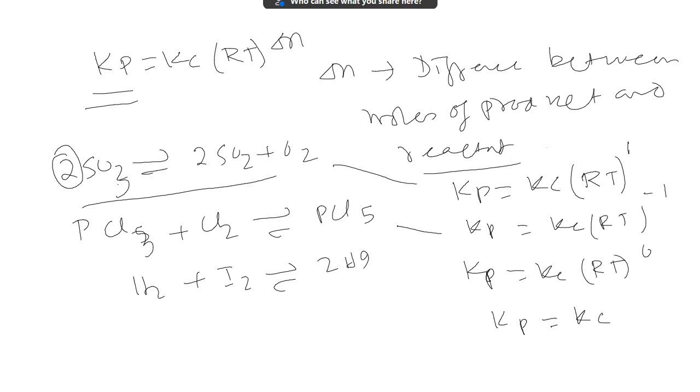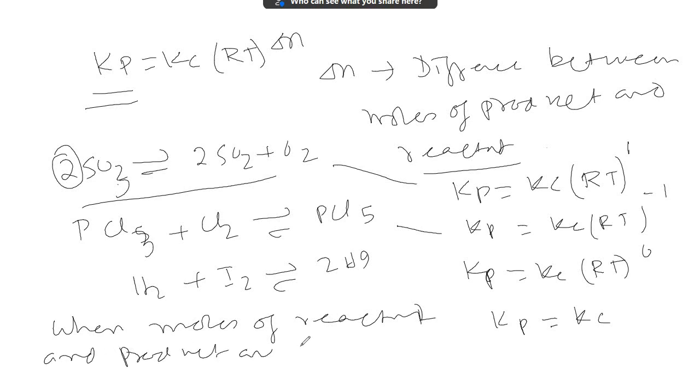Inference is that for a reaction when moles of reactant and product are the same, then Kp should be equal to Kc. This is the inference which I have drawn from these reactions.